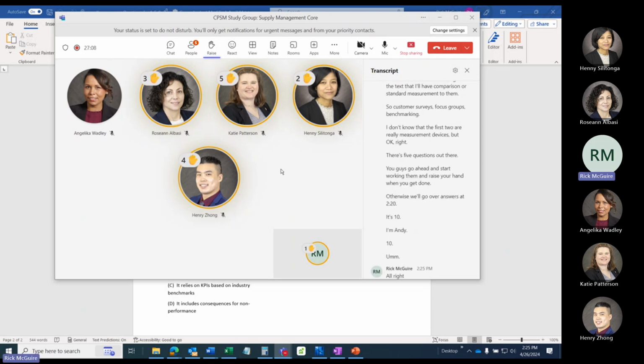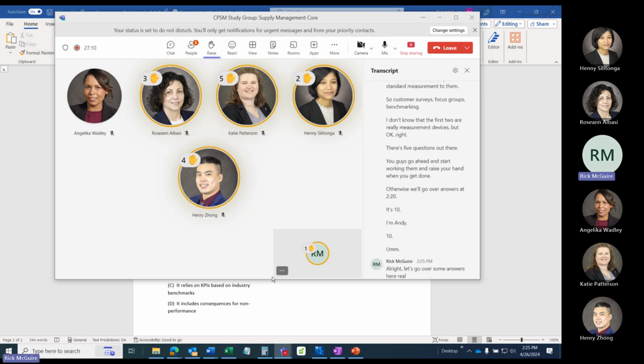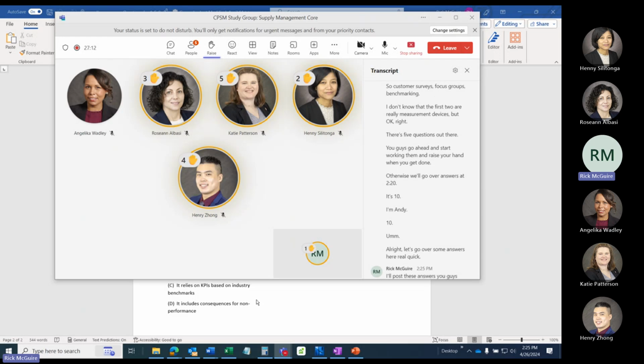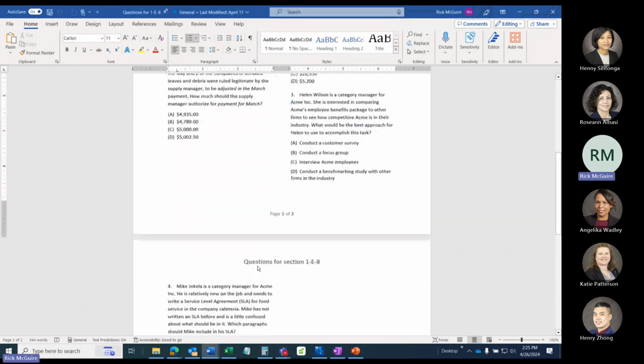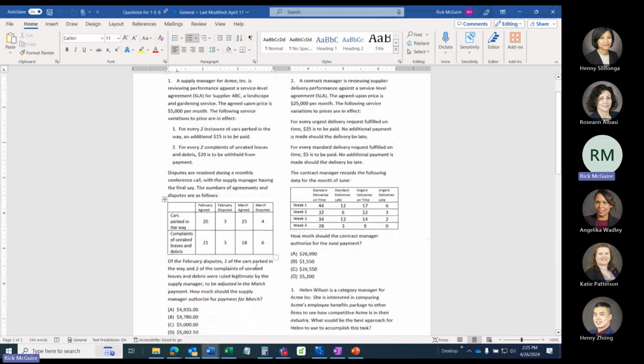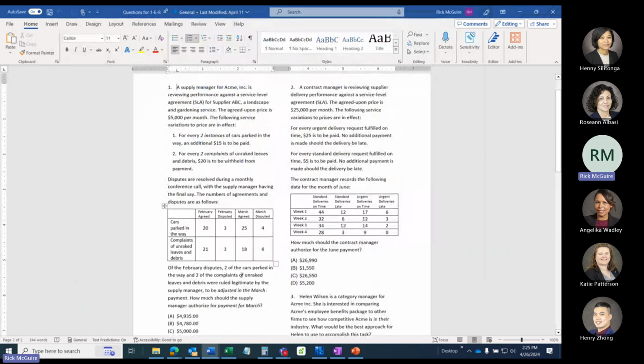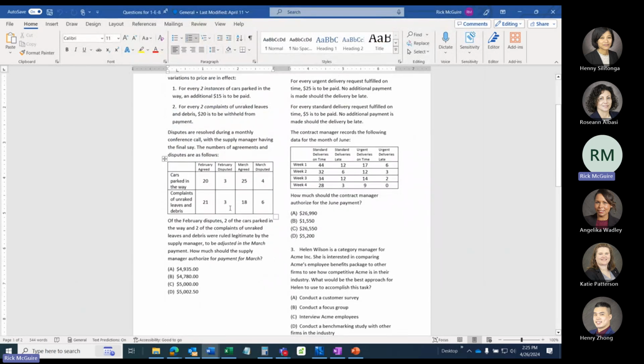All right, let's go over some answers here real quick. I'll post these answers so you guys can look at the math on the first two questions. So remember, when you get questions like this that are a mile long and require a lot of math, they only give you a minute for it. So you need to develop a shorthand where you look at it and it's like, okay, so we're going to be adding money to his monthly amount or subtracting money.